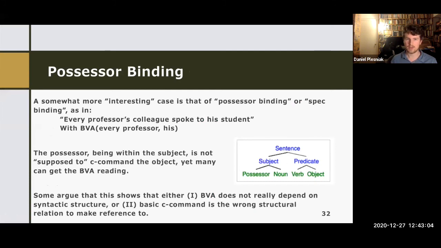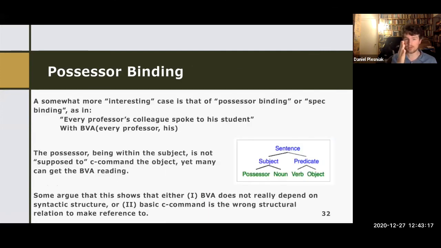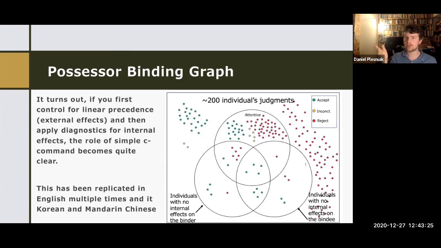People got kind of confused, like, is it the professor's student, the colleague's student? But we have replicated this multiple times in English, as well as in Korean and Mandarin Chinese. It's really evident in Mandarin Chinese, where a lot of people just love it when you have the linear precedence, but move to his student to the front, and they never accept it, basically. A few people do, but then they show these telltale other signs.